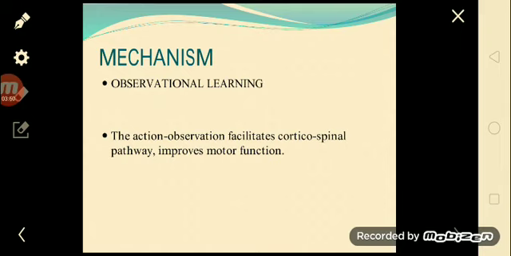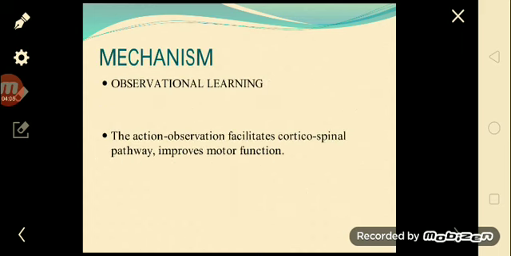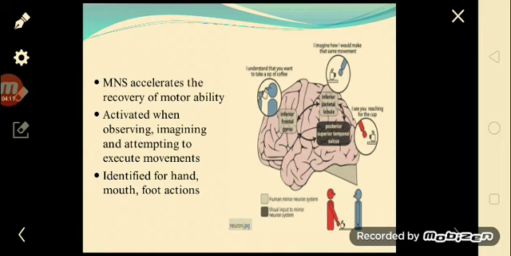The mechanism is observational learning. That means observing, imagining the movement, and imitating the movement. Observation, imagination, and imitation. So this action observation facilitates the corticospinal pathway and improves motor function. This mirror neuron system accelerates the recovery of motor ability.